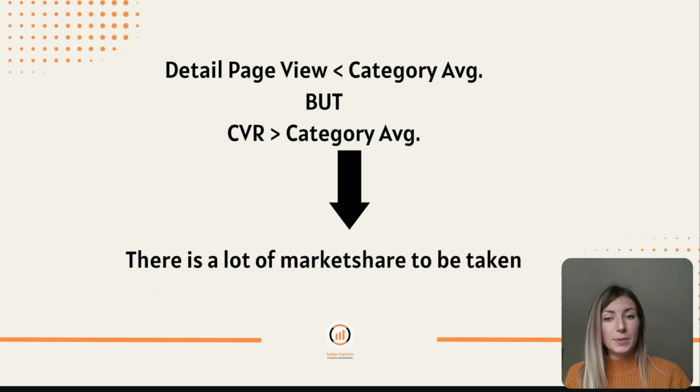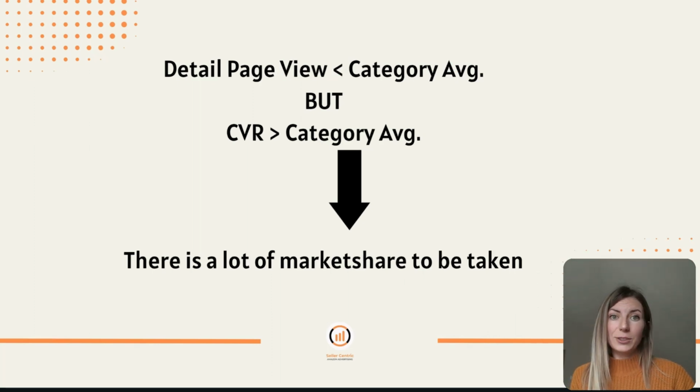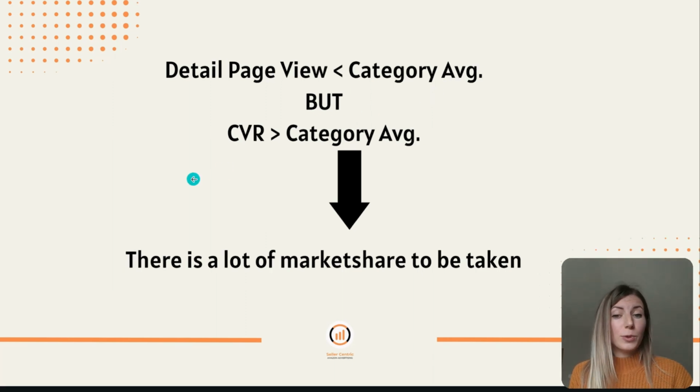The fact that your detail page view is lower than average might mean that your click-through rate is not good enough and could be improved, while your conversion rate is higher than average. So customers are less likely to click on your product once they see it in the search result page or on competitors' listings. However, once they are on the listing, they are more likely to convert.